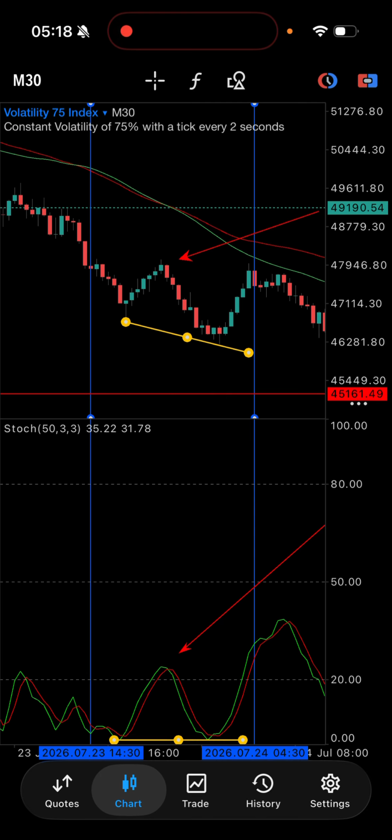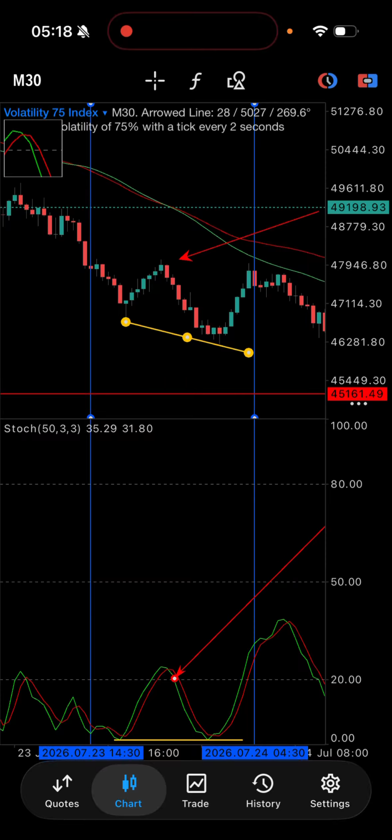Even though it is just giving us a signal to enter here, because the price has entered the 20% level here, it was to be a selling trade.